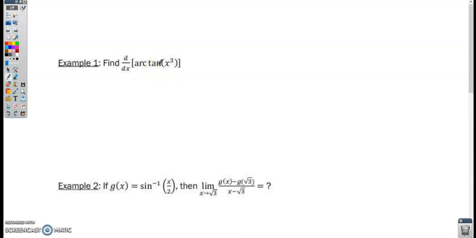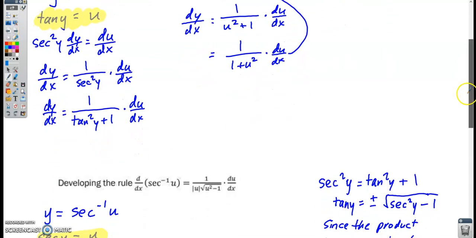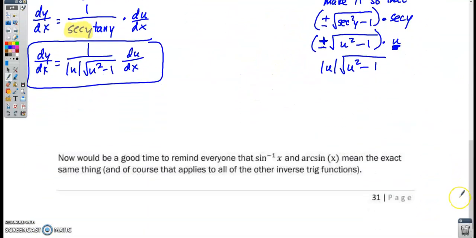By the way, I did just notice that I forgot something. There's a little something all the way at the bottom of the page here I forgot to mention. Good time to mention: arcsine of x and sine inverse of x are equal to one another. And that applies to all of the inverse trig functions.